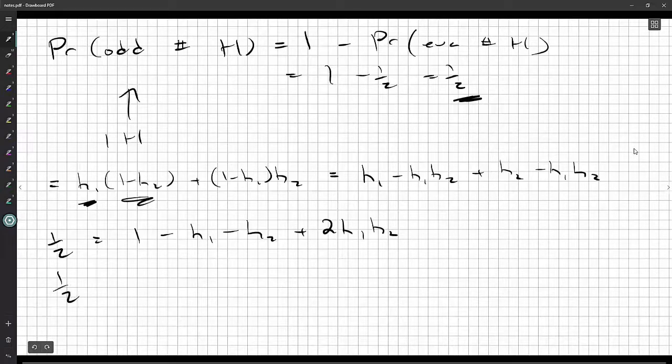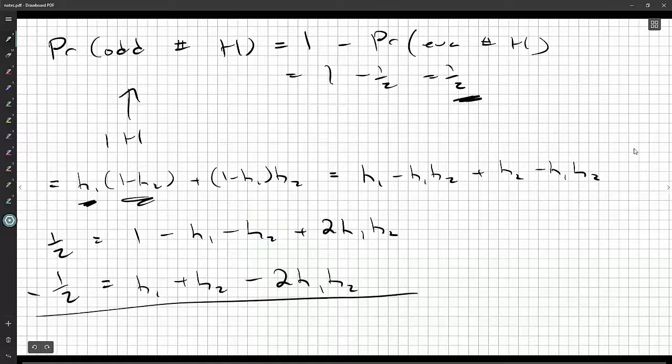And then we also now know that 1/2 is H1 plus H2 minus 2 H1 H2. And if you add those up, everything's going to sort of cancel. So that's not going to help. But what if we subtract one from the other? We'll get 0 is 1 minus 2 H1 minus 2 H2, and then 2 minus negative 2, it'll be 4 H1 H2.